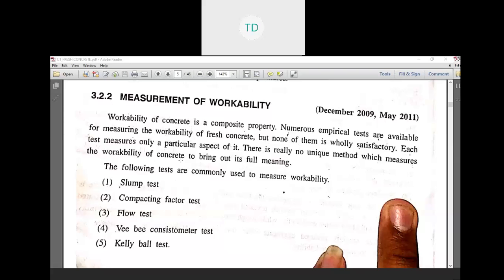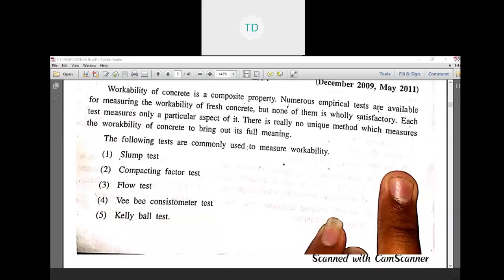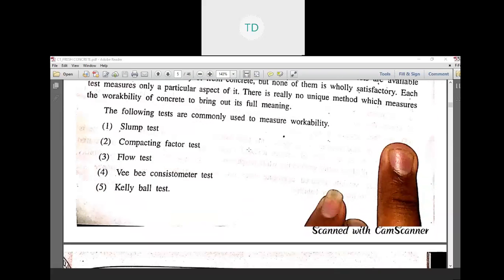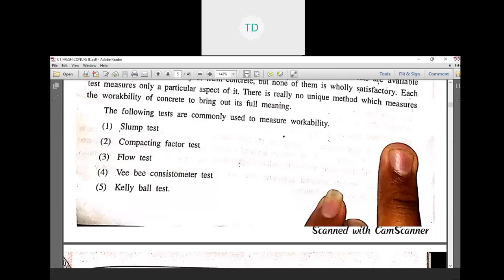The following tests are commonly used to measure workability. The first one is the slump test, the second one is the compaction factor test, the flow test or flow table test, the VB consistometer test, and the Kelly ball test.